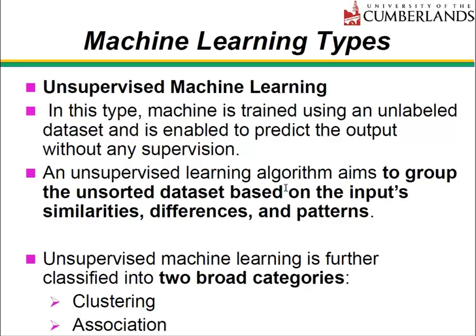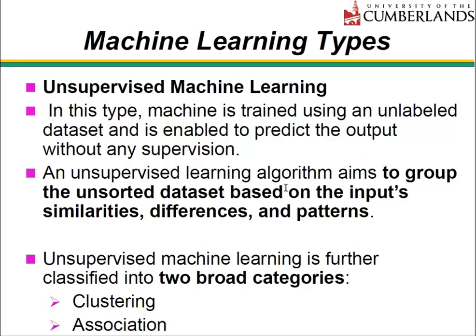The machine is trained using an unlabeled data set. So essentially data where we don't know the correct answers. We don't have labels. We don't know the right answer in advance. The machine is enabled to predict the output without any supervision. It has to figure out the pattern on its own.